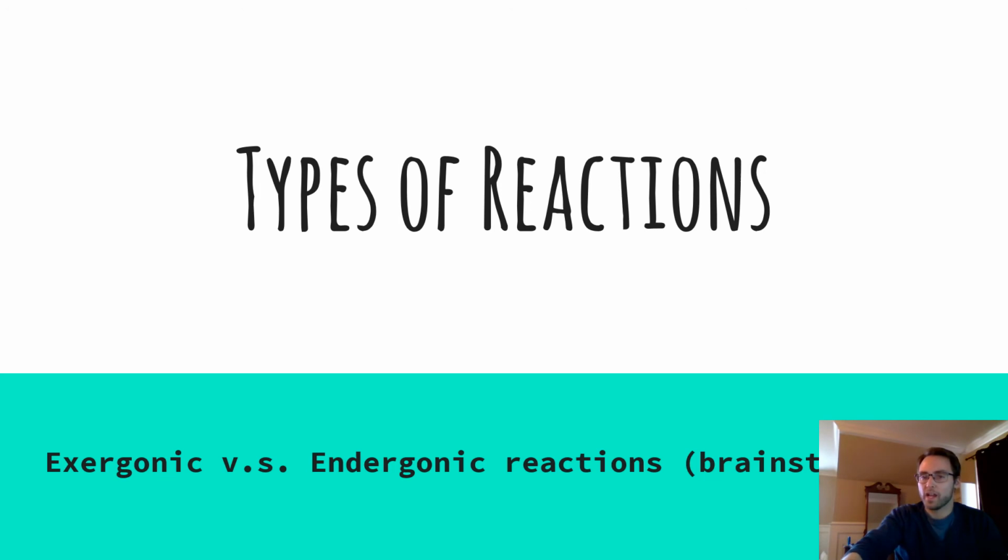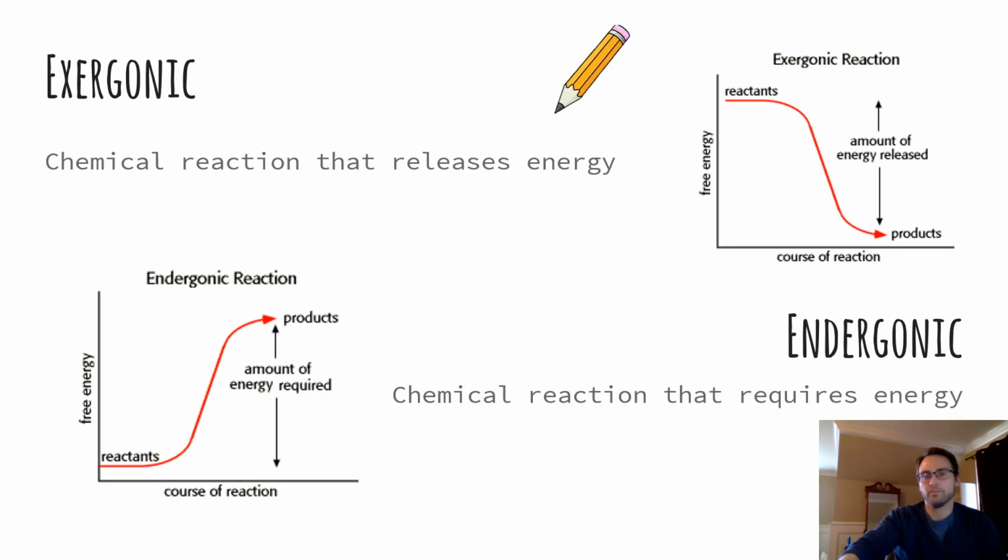Okay, another type of reaction, and another term we're going to see is exergonic and endergonic reactions. This may look familiar for those of you who are also in the chemistry class. Exergonic reactions are chemical reactions that release energy, and endergonic reactions are chemical reactions that require energy.